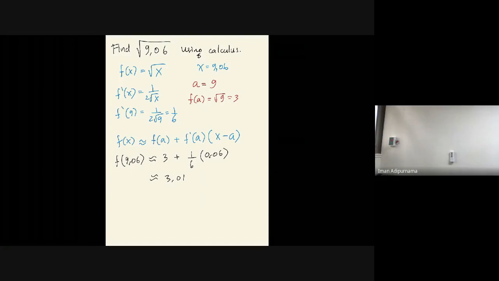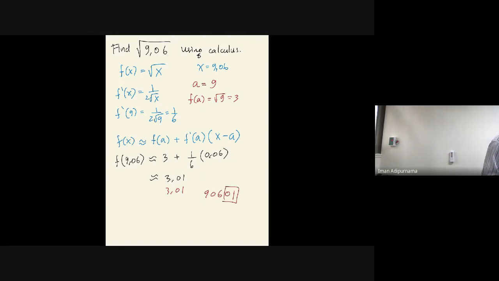So we can compute a difficult number with some functions, and we can approximate the exact answer. Of course, if you multiply this by another 3.01, you have 9.0601, right?